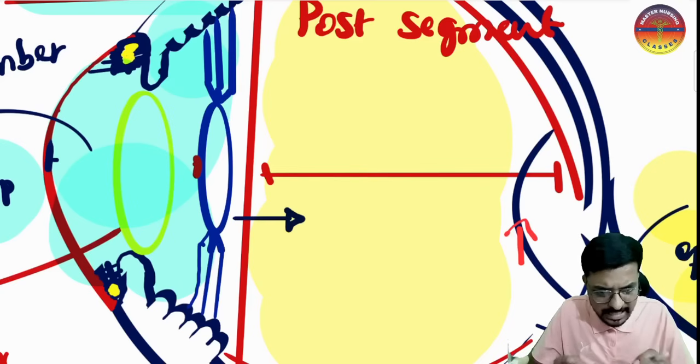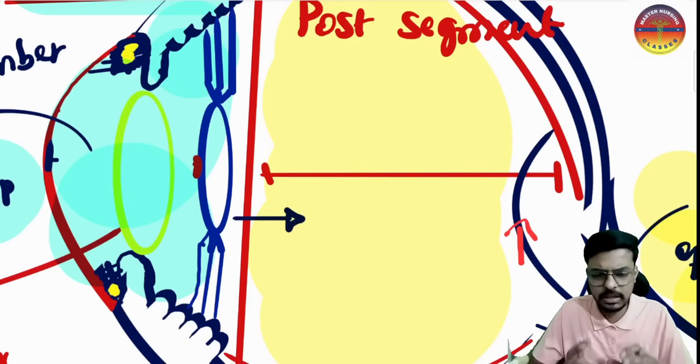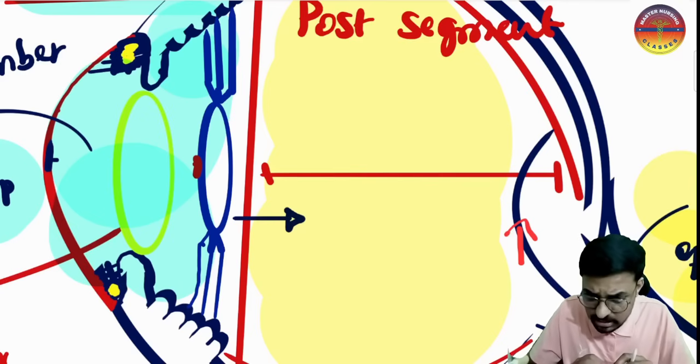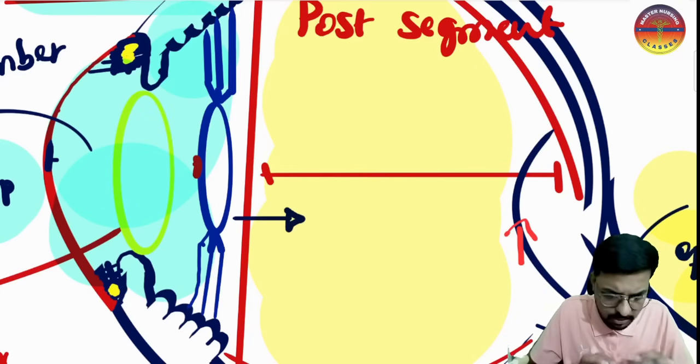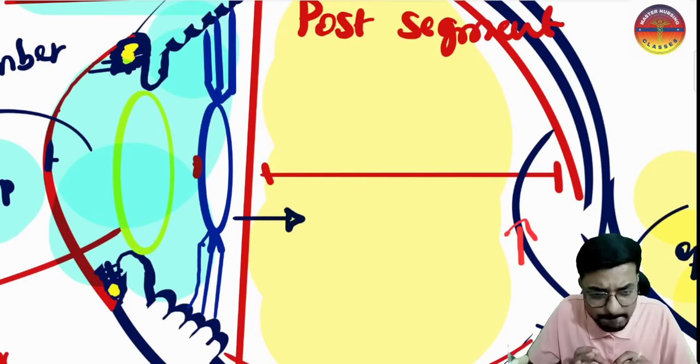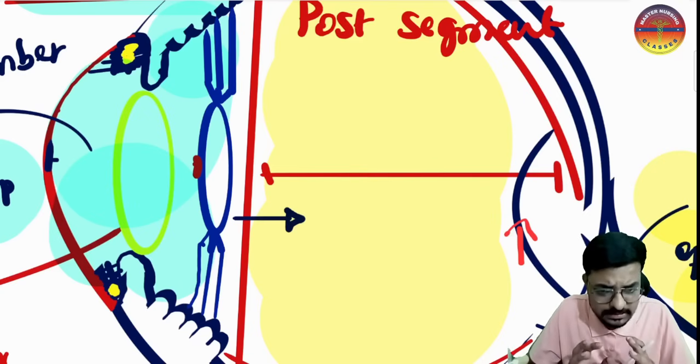Pupils dilating means there is more blockage of our angle between the iris and the cornea. So that is complete blockage of our angle, where again there is no drainage, a complete obstruction in the outflow. That may cause a sudden severe increase in the intraocular pressure. So that is a medical emergency, that is acute angle closure glaucoma.